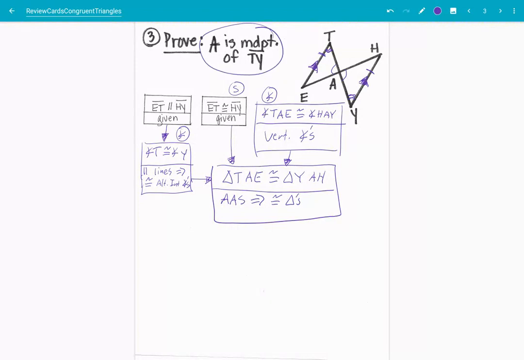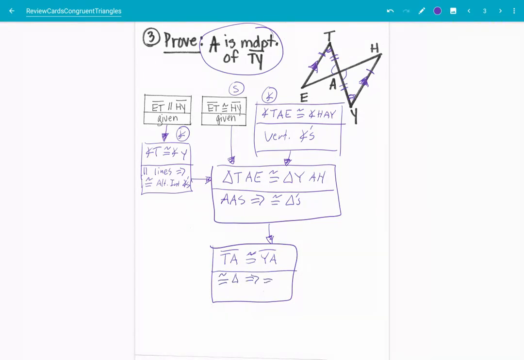Then I need to prove a midpoint, just like we did in number one. So I need to prove that A is a midpoint of TY, this right here. So let me see. Oh, I need to show that this is congruent to that. So that gives me TA is congruent to YA, those segments, because those are parts of the triangles that I just proved were congruent.